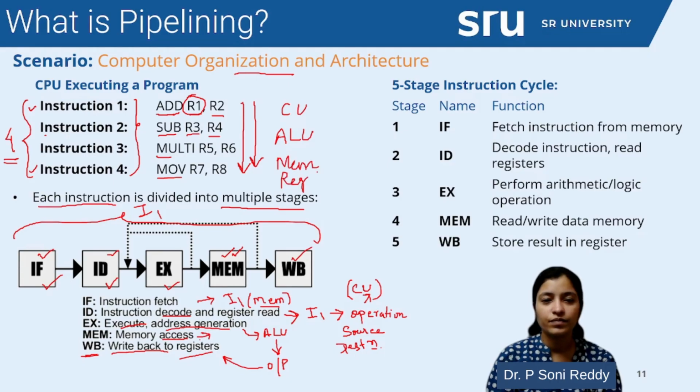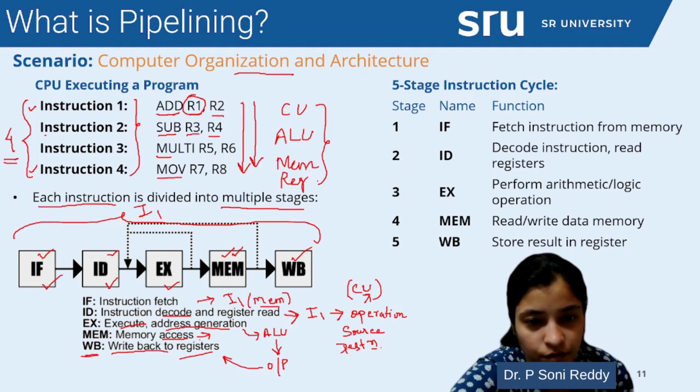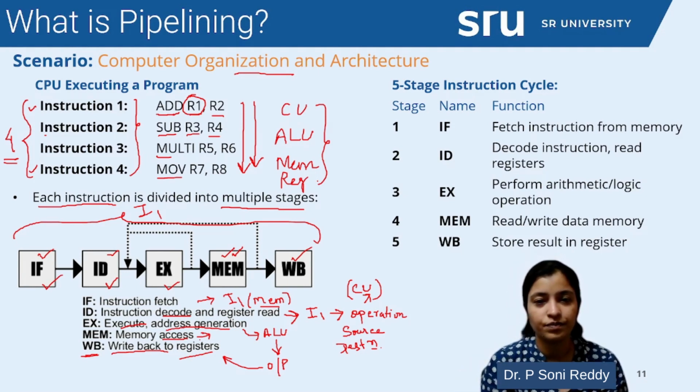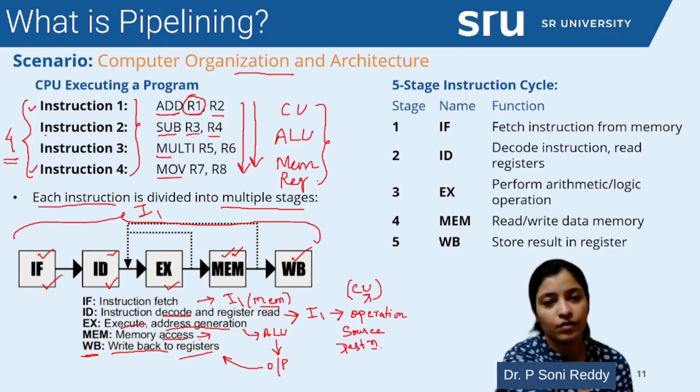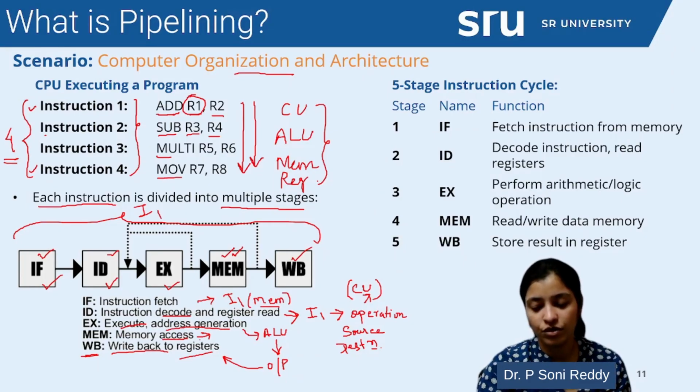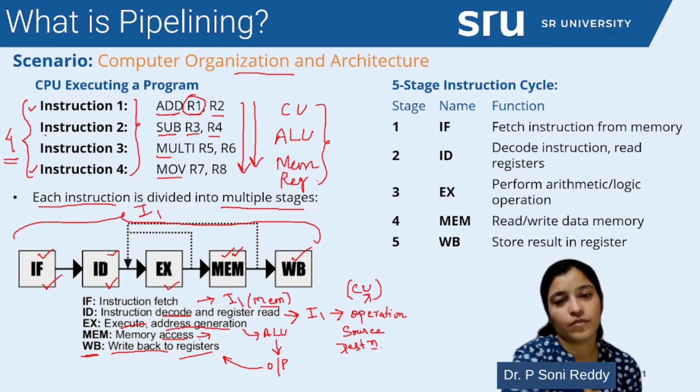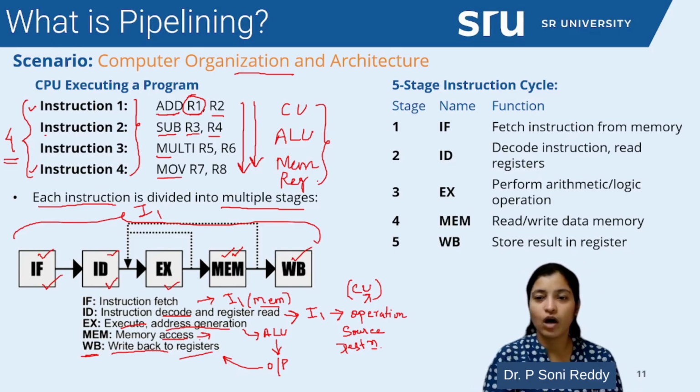All these are hardware components, which are part of your data path. These will be used for doing parallel operation. So how are we going to do parallel operation here?